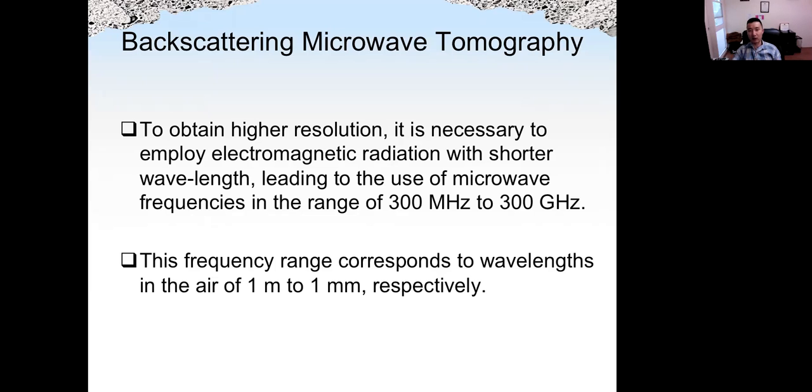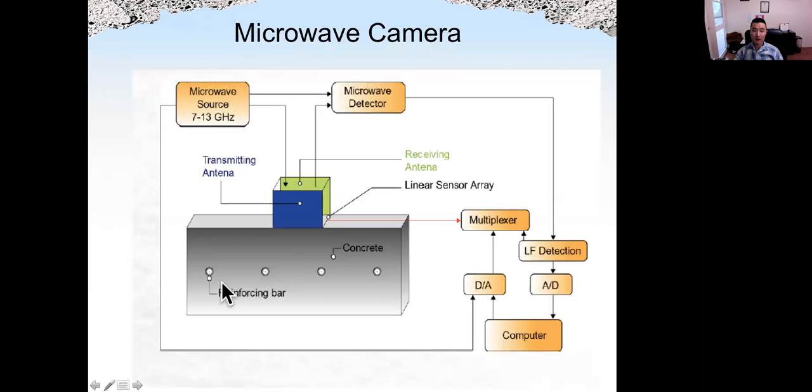It will be very shallow because the dissipation of energy is very high. So it is microwave tomography. The big advantage is high resolution. You can use that to detect details inside the concrete, but again, not very deep due to the limitation on penetration depth.